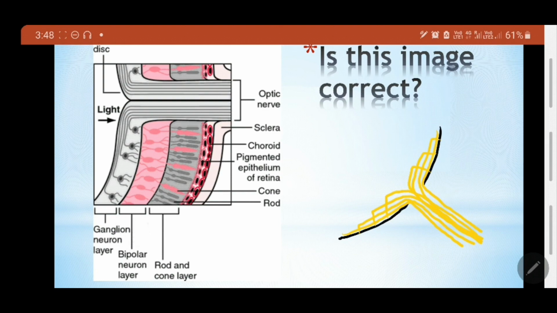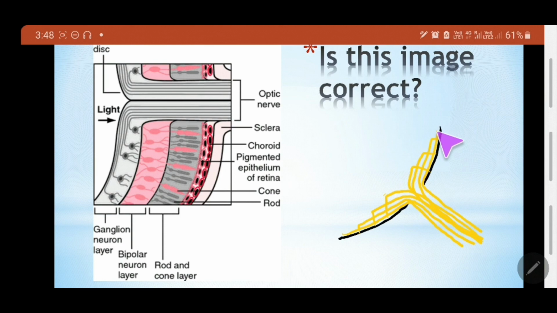So what you have to focus on is here. If you remember the layers of the retina, we count from outside to inside. So the peripheral fibers lie on the outer side of this ninth layer, that is the nerve fiber layer. While the central fibers emerge, first of all, they pass perpendicular, straight up to reach closer to the vitreous.